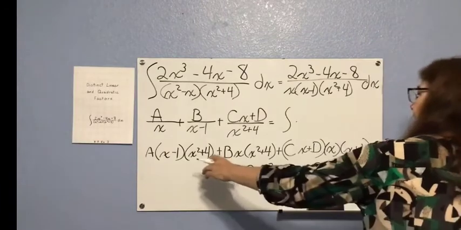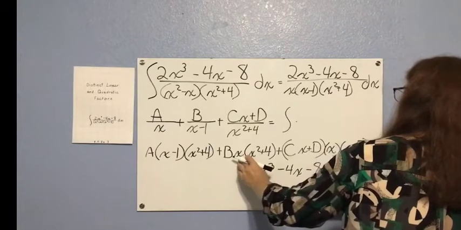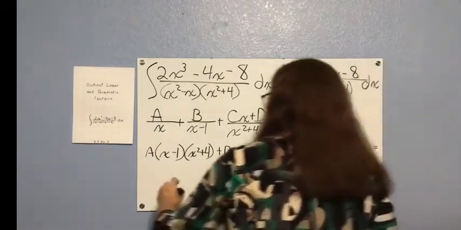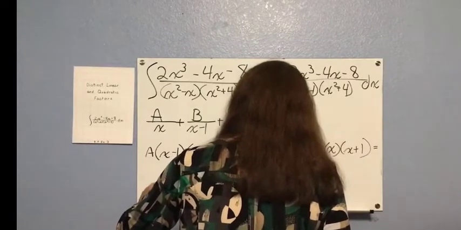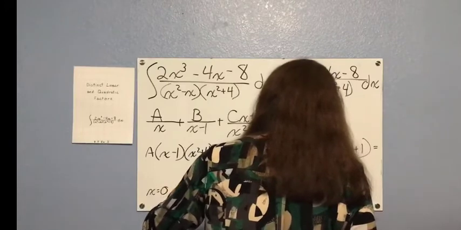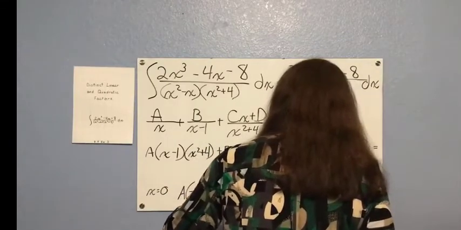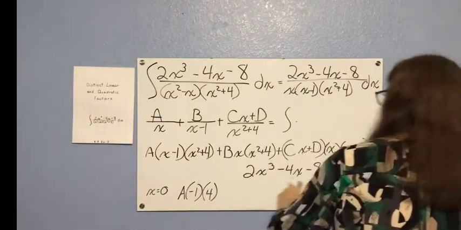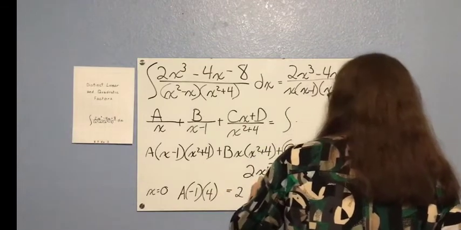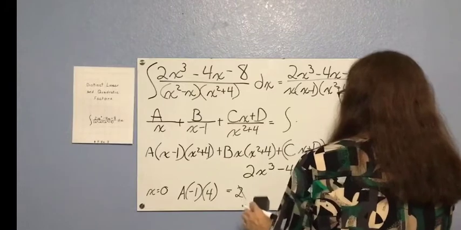Okay, to find a, I can see that letting x equal 0 will zero this out, and we'll also zero out this one. So let's do that. We're going to say x equals 0, which gives me a times negative 1. A 0 here will give me 4, 0, 0, and this is going to equal 0 here. We'll eliminate that and this.